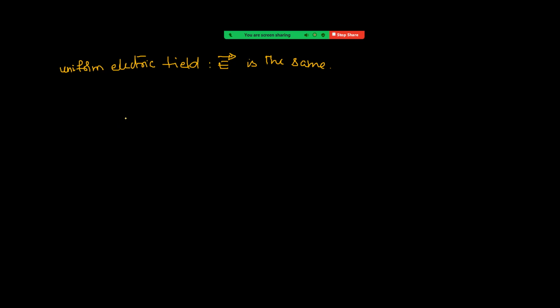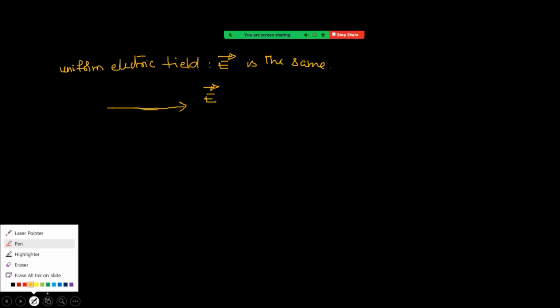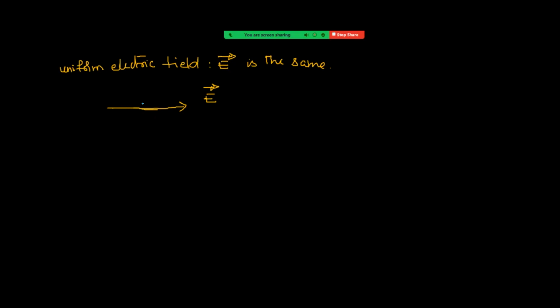Let us now represent the dipole. Suppose this is the electric field, that is E bar. Let us take a dipole, showing it with one vector, suppose like this.